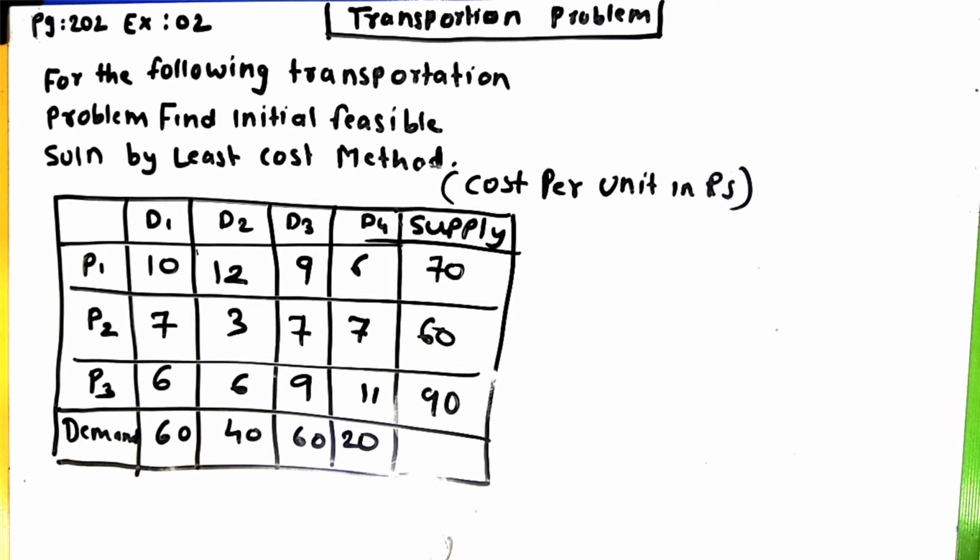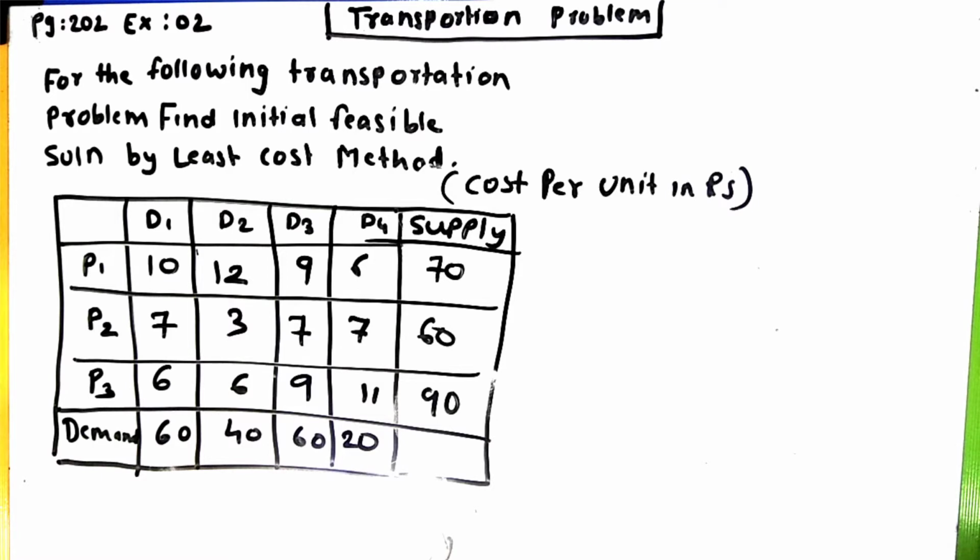As you can see, the question on our board is taken from page number 202, example number 2. Let me read the question. For the following transportation problem, find the initial feasible solution by the least cost method.